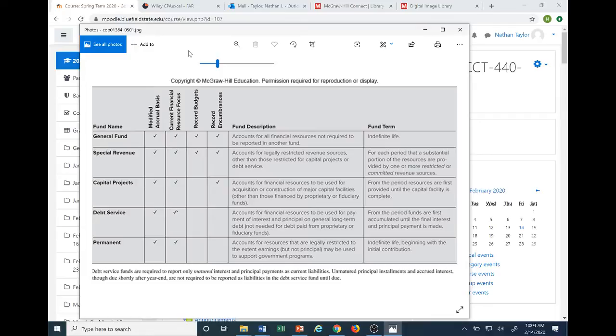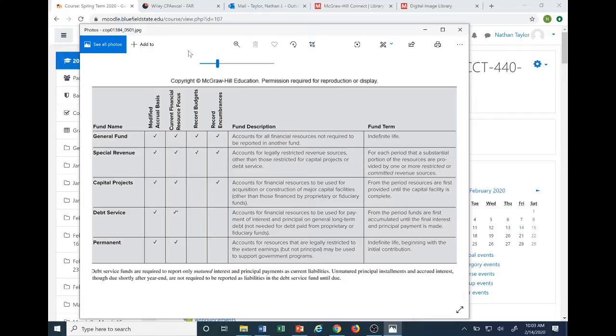So that's your main operational fund for your general government. Every government is going to have one. You can't have more than one. They're always a major fund. The fund term is an indefinite life. As long as the government is up and running, the general fund is going to be as well. So that's the general fund.